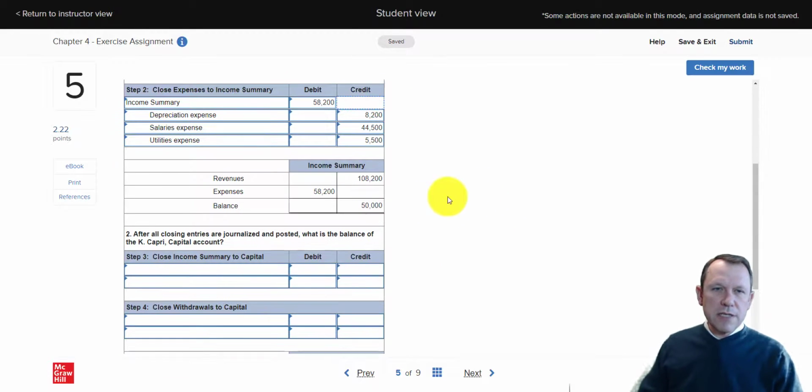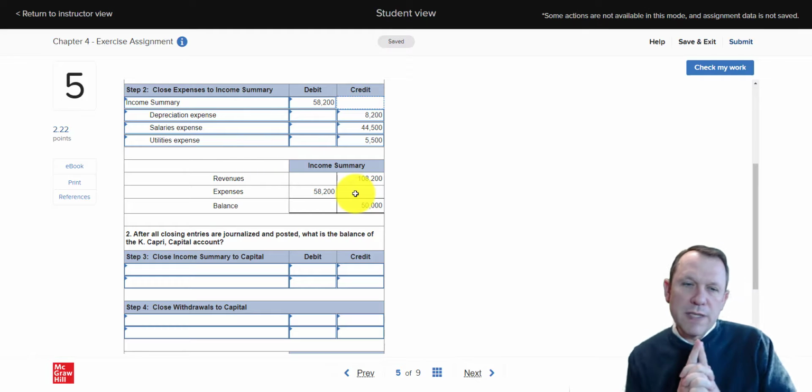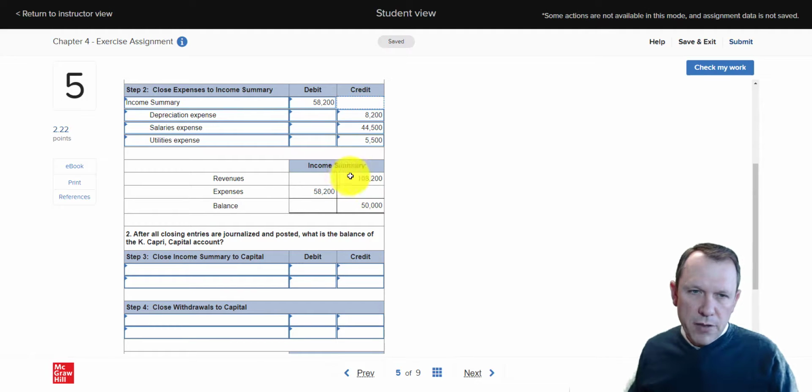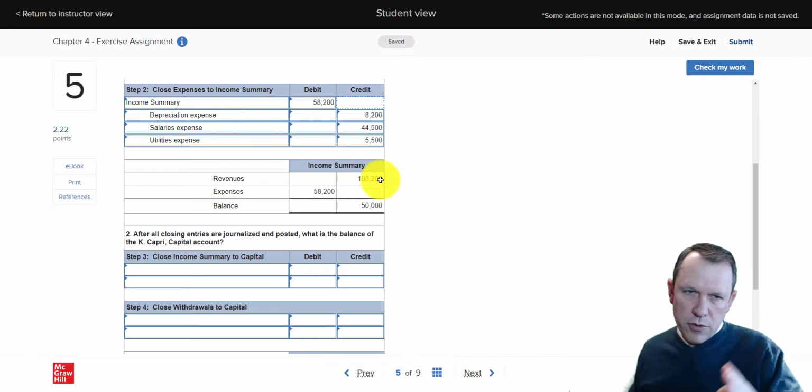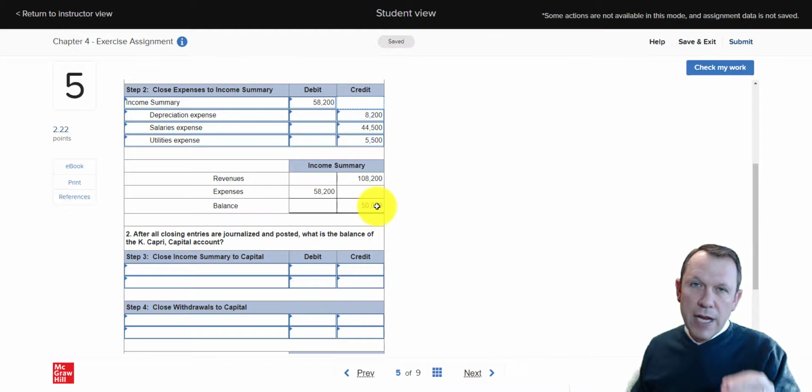So really what this little deal in the middle here is the ledger for the income summary. So we see that we closed revenues on top here. That's what we closed them. And so they're a credit in there. Expenses will be a debit in income summary. As we look at our credits and debits, they offset. They're going to give us a credit balance, right? Because revenues are more than expenses here. So that's our credit balance.